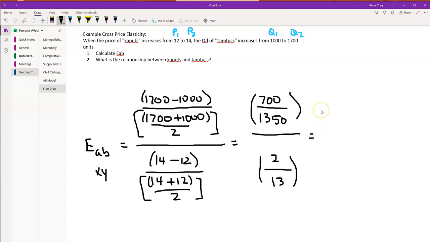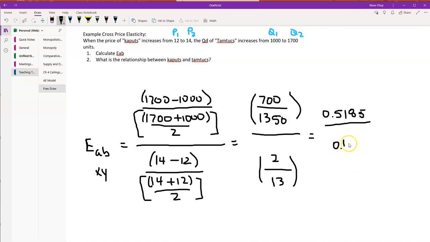Now we're going to solve this top number here, 700 divided by 1350. So that gives us 0.5185. I like to carry, by the way, a few decimal spots if I can. And then we've got to do 2 divided by 13.